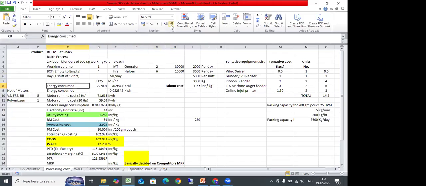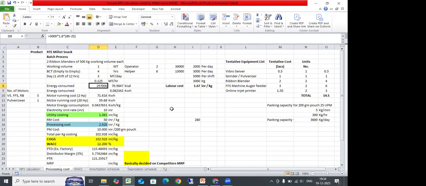Now I go to the energy consumed calculation. First of all, you have to educate me on this: for millet snack manufacturing, do I need to roast ragi? Yes. So I take the roasting temperature as 80 and room temperature as 25. The specific heat I have taken as 1.8 and the mass is 3 tons for a day.